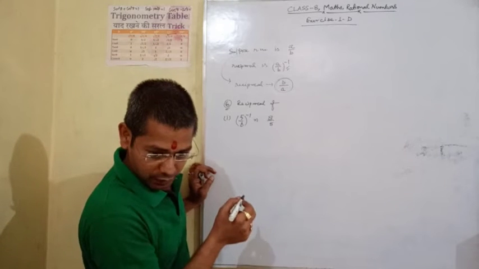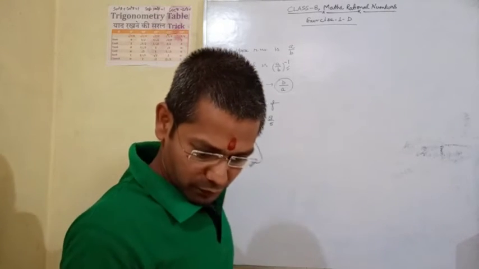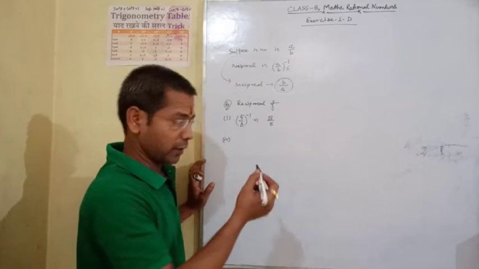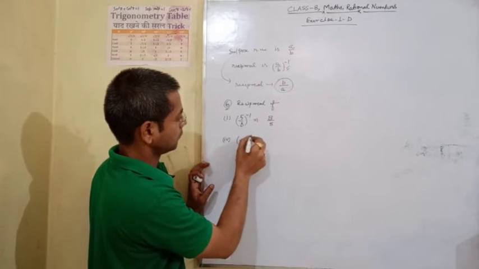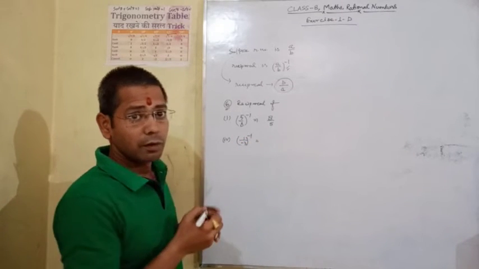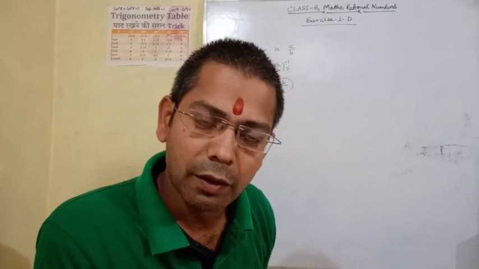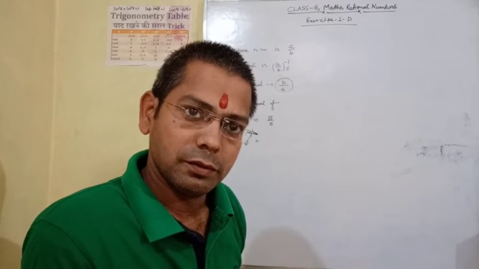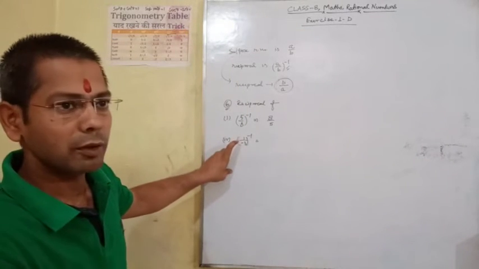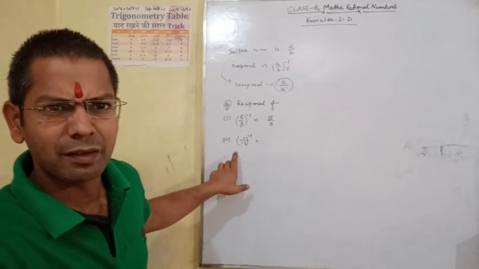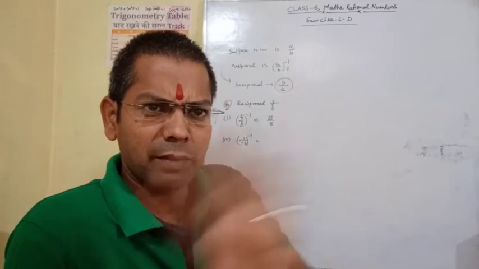Last part we do once again, the 4th: 1 upon minus 3 to the power minus 1. We do not have to worry about the content inside the bracket. Here the numerator is 1 and the denominator is minus 3. Whether the numbers are positive or negative, we do not have to worry.